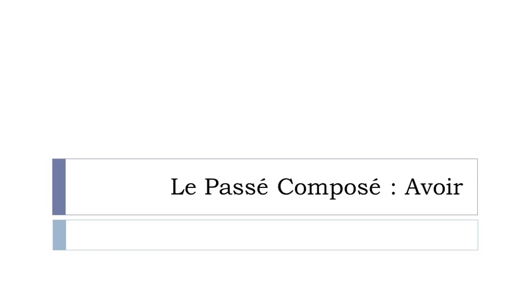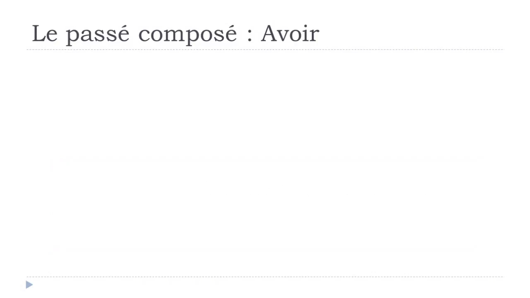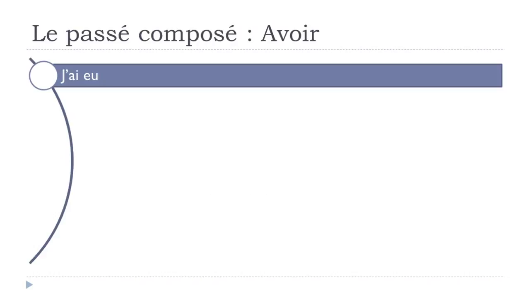Okay? The passé composé form of the verb avoir. Avoir is to have, so it's quite important. So let's discover it together. First form is j'ai eu. Remember the difficulty with avoir at the past form. We saw in the previous lesson how to construct this passé composé form.